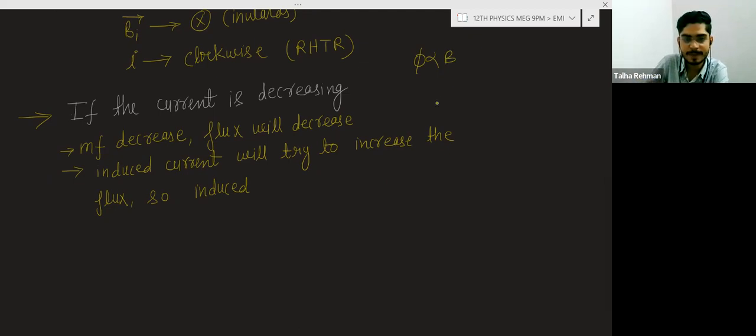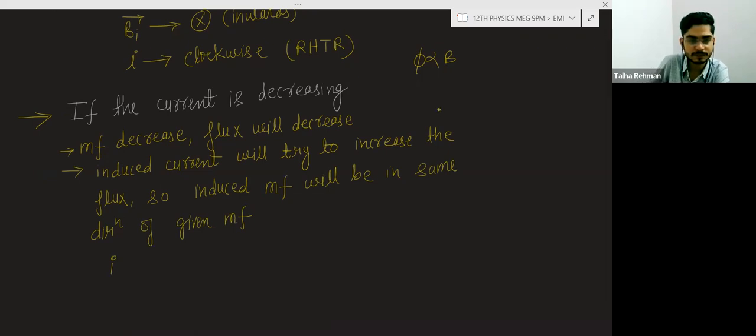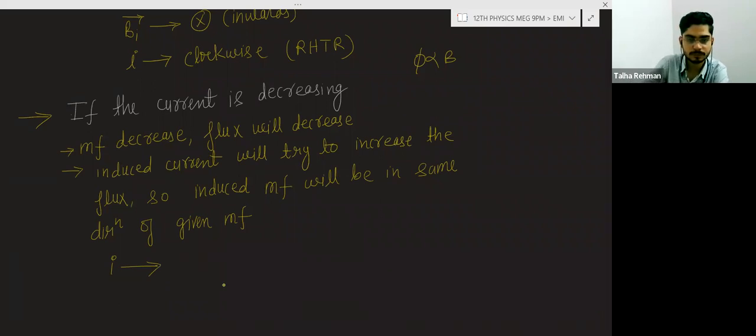So the induced current will be in the anti-clockwise direction, because the induced magnetic field will be outwards this time.